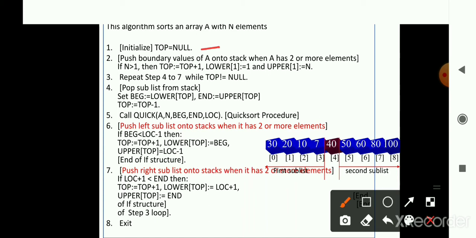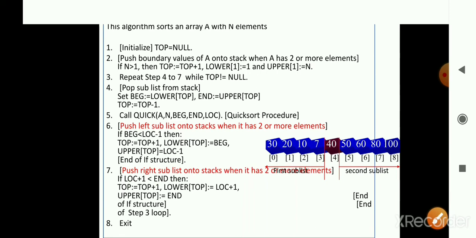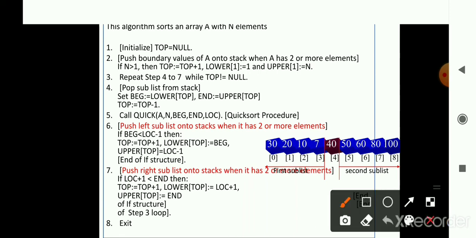Now push the boundary values of A into the stack when A has two or more elements. What are we going to put? We are going to put values into the stack. Initially we have n elements, so lower is equal to 1 and upper is equal to n.